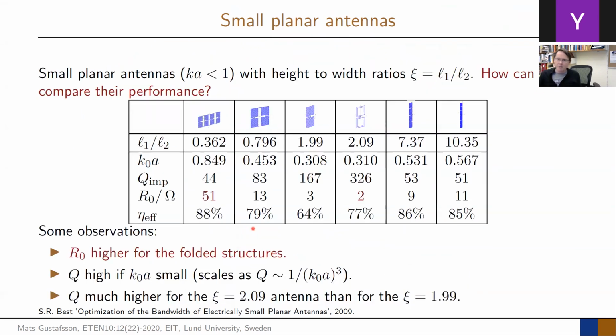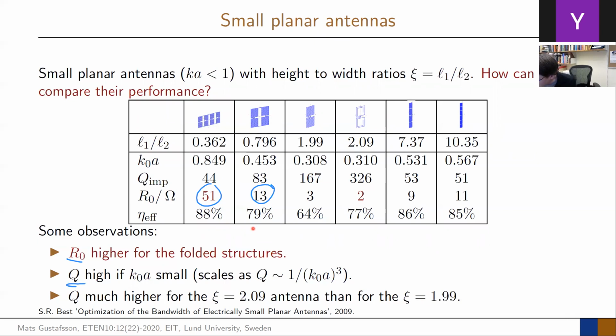So if we make some observations of these ones, as I mentioned here, that R0 is higher for the folded structure. That was this 51. So we really start folding it, and here we're folding it basically 2 times, or if you said 4 times, maybe the other one is 2 times. You can see by making this trick in some ways, we can push it up.